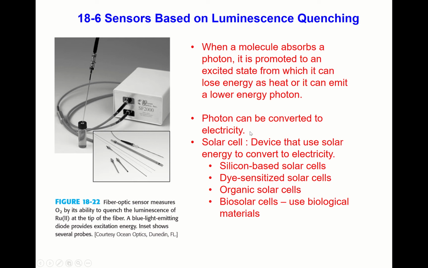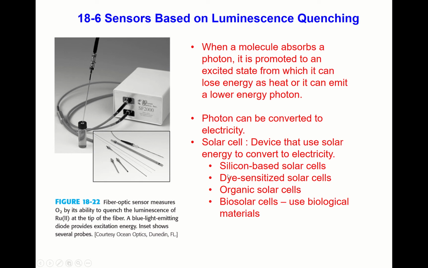Our textbook introduces a short explanation of how light is converted into electricity. That's called a solar cell here. A solar cell is a device that uses solar energy to convert it to electricity. There are many different types of solar cells.